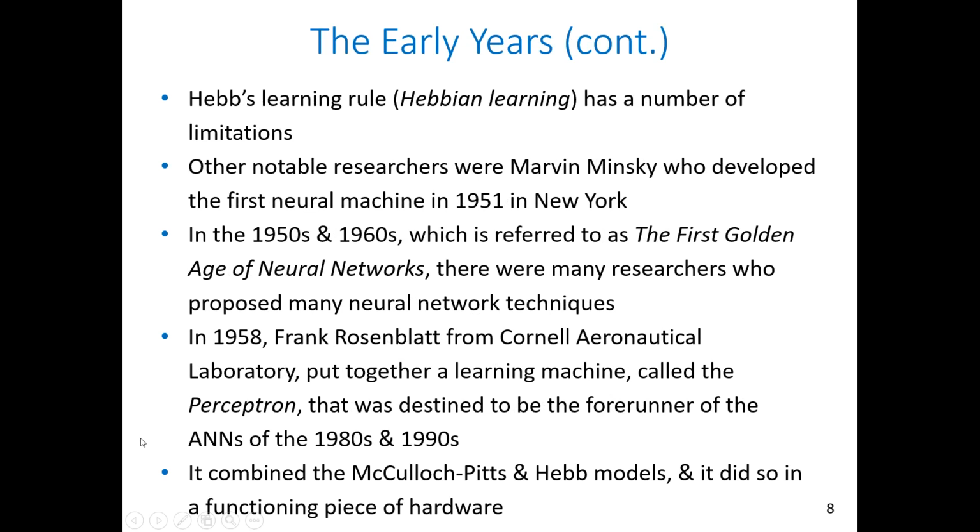So moving forward, in 1958, Frank Rosenblatt from Cornell Aeronautical Laboratory put together a learning machine called the Perceptron that was destined to be the forerunner of the artificial neural networks of the 80s and the 90s. It combined the McCulloch Pitts and Hebbian models, and it did so in a functioning piece of hardware, because in those days they did not have a proper or a convenient computer as we do now, so they had to implement artificial neural networks in hardware.